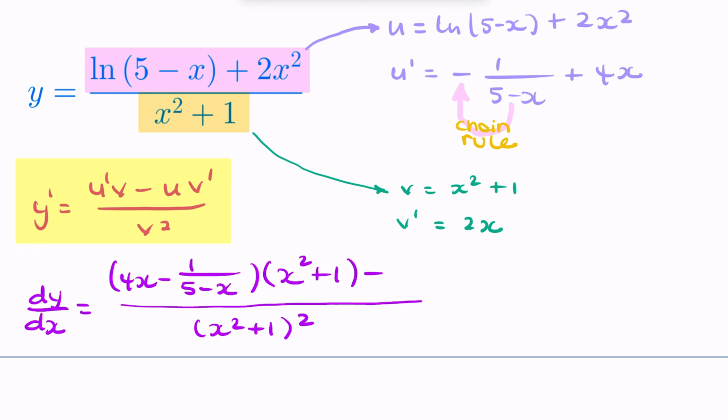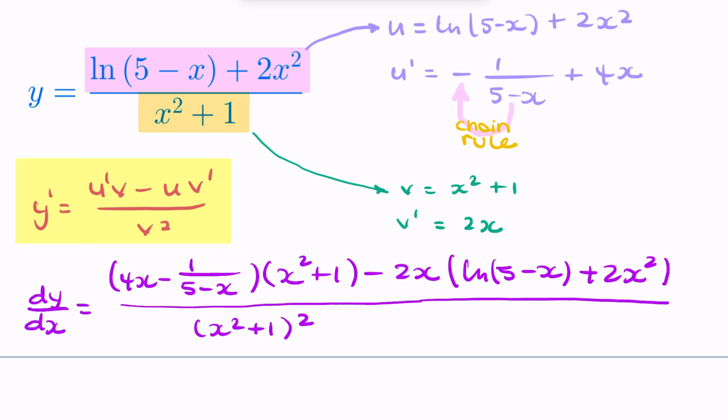So v dash is 2x. I'm going to multiply that by u, which is ln 5 minus x plus 2x squared. Okay, so that's my expression for dy by dx.